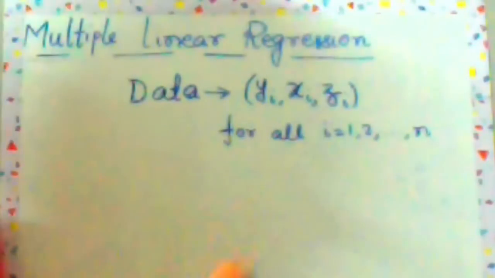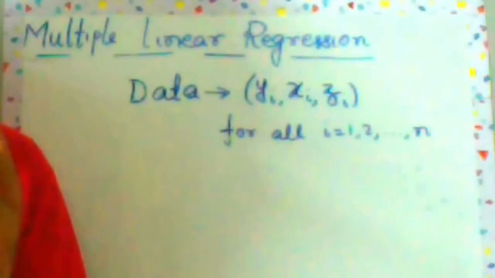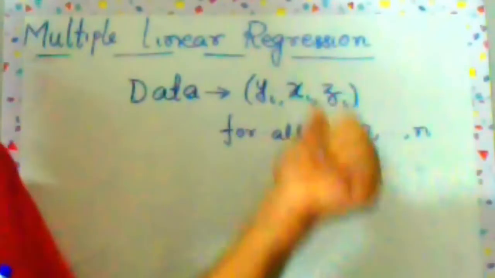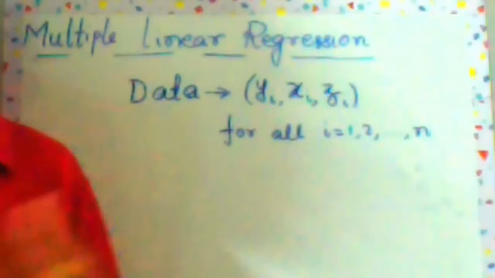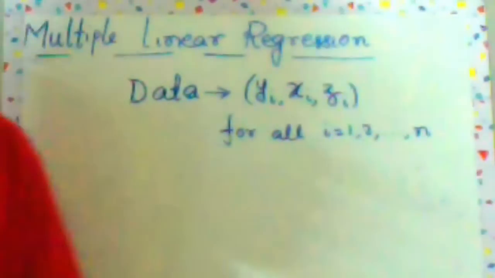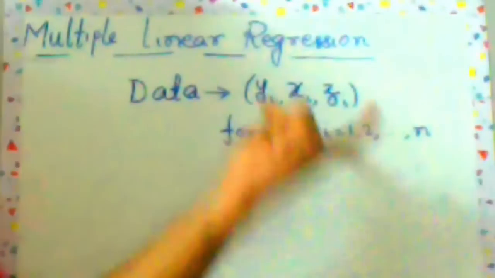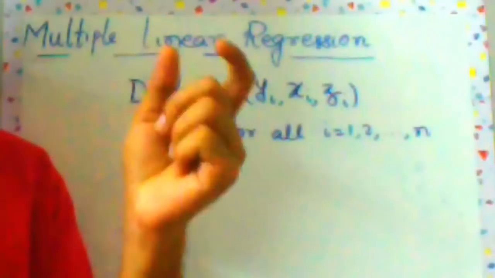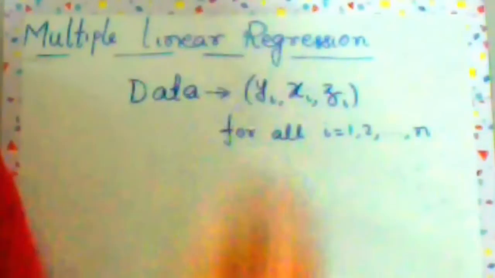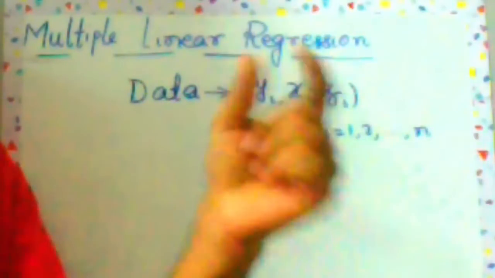So what is the data in this kind of a model? You have a set of points y, x, z, and depending on the number of points n, you will be having the data. So let's say n is 50. You will be having 50 such points, y1, x1, z1, y2, x2, z2, and so on till y50, x50, z50.